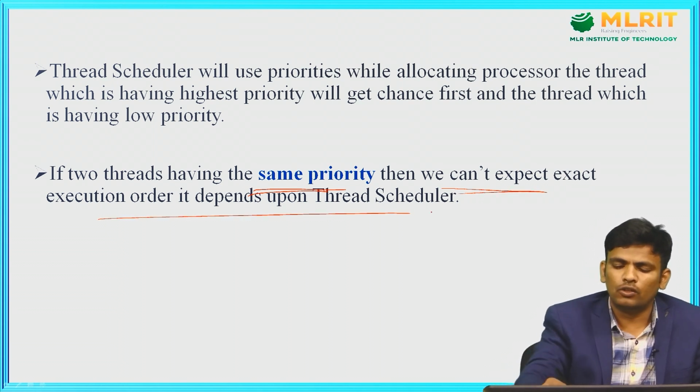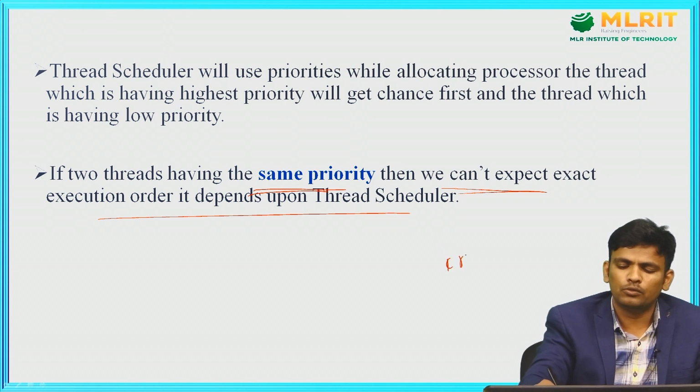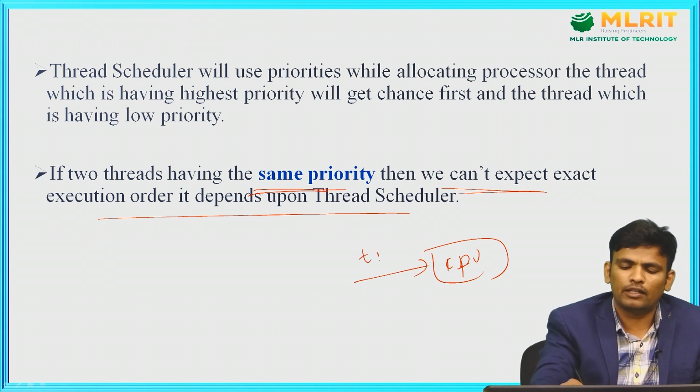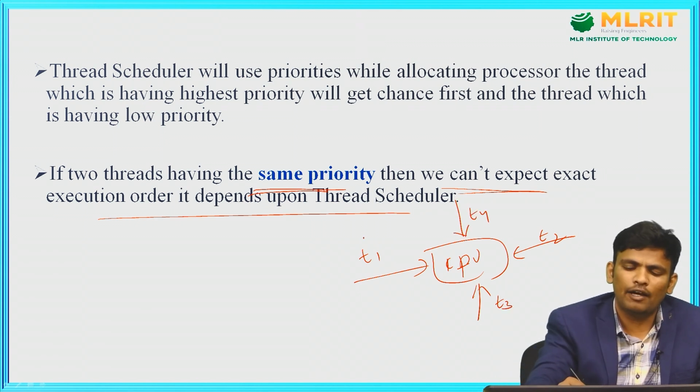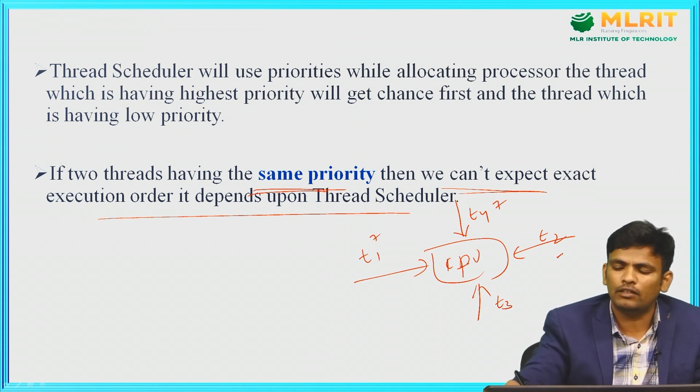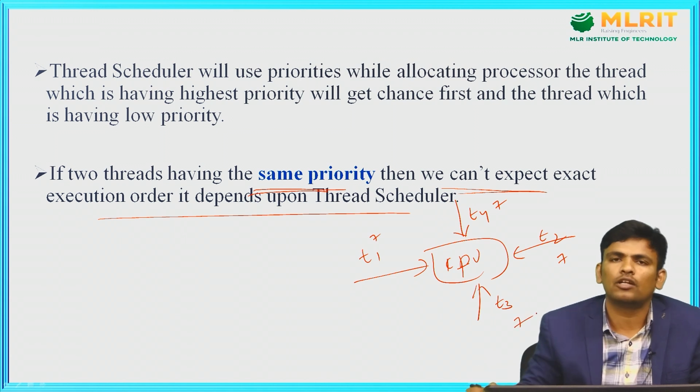Suppose the CPU again has multiple threads T1, T2, T3 and T4. T1 has priority 7, T4 also has priority 7, T2 also priority 7 and T3 also priority 7.